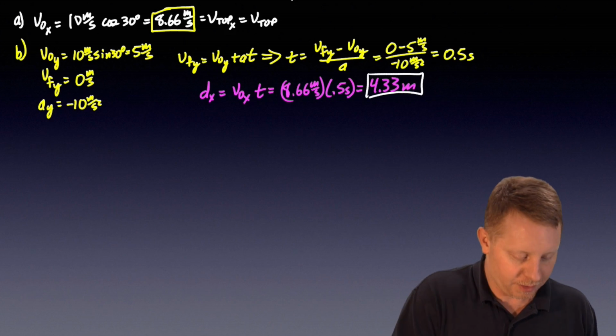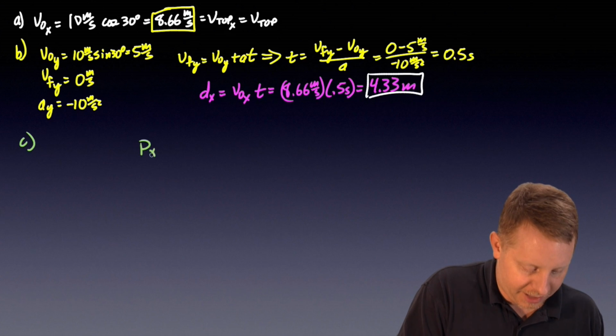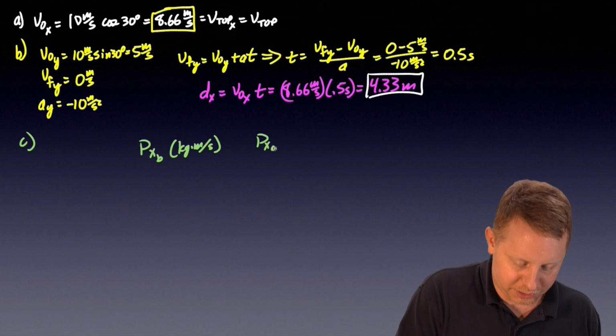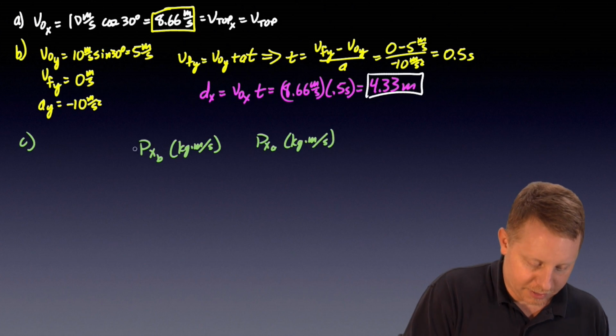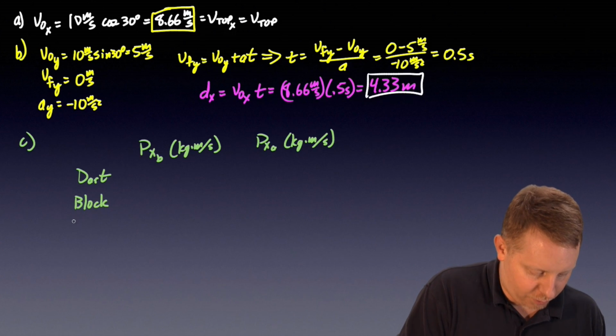organize my thoughts. So for part C, we'll have the momentum in the x direction before the collision in kilogram meters per second, and the momentum in the x direction after the collision or the event in kilogram meters per second. And our objects include our dart, the block, and we'll put a row here for total.